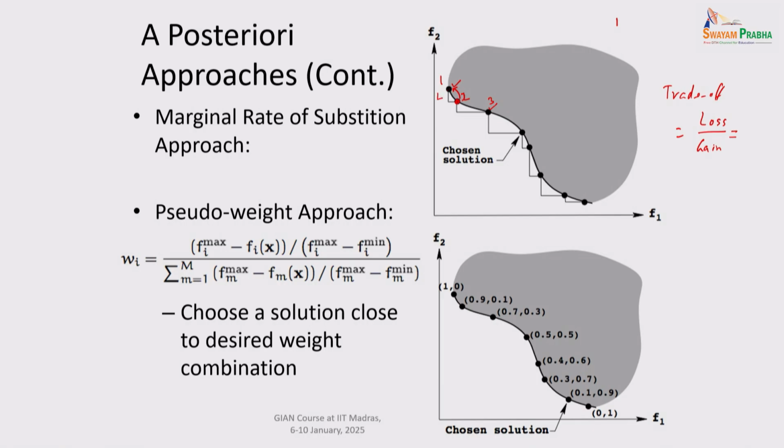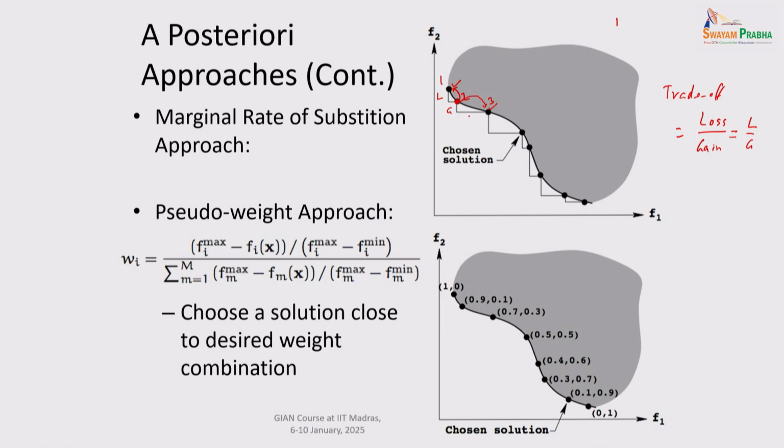okay, and then this must be my gain, right? Obviously if there are two objectives, one objective you gain, the other objective you lose. So it's L by G, if this is your G. That ratio is going to be your trade-off of moving to the left point. What is the trade-off moving to the right point? What is your L and what is your G? Which way am I losing going from 2 to 3?